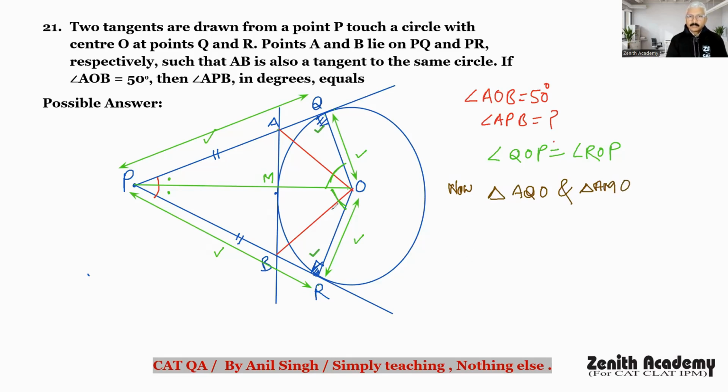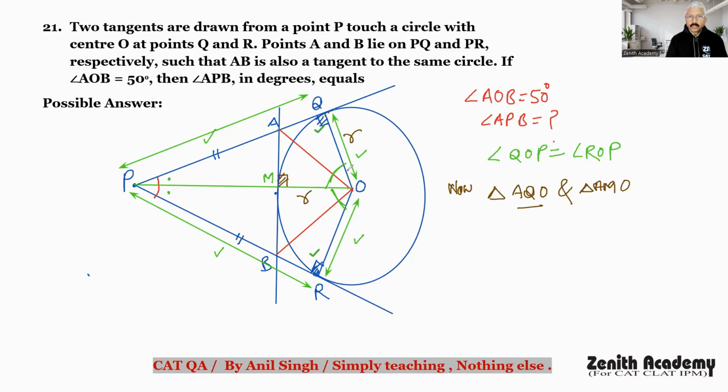It is 90. This is the radius, and this AB is a tangent, so this will also be 90 degrees. So look here, again same thing. In triangle AQO, QO is the radius, and in the other triangle MO is the radius. This is also radius, this is radius.